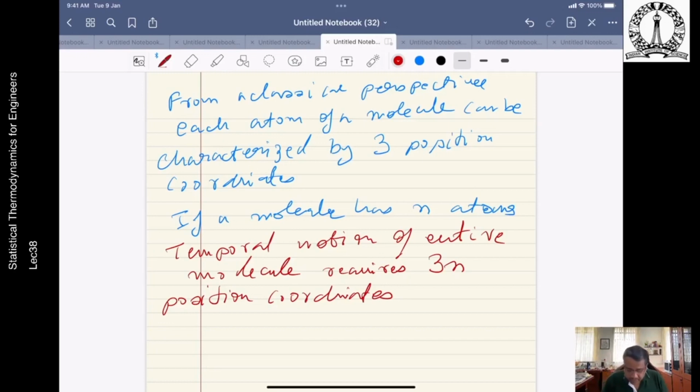So we therefore say that the molecule has 3n degrees of freedom.